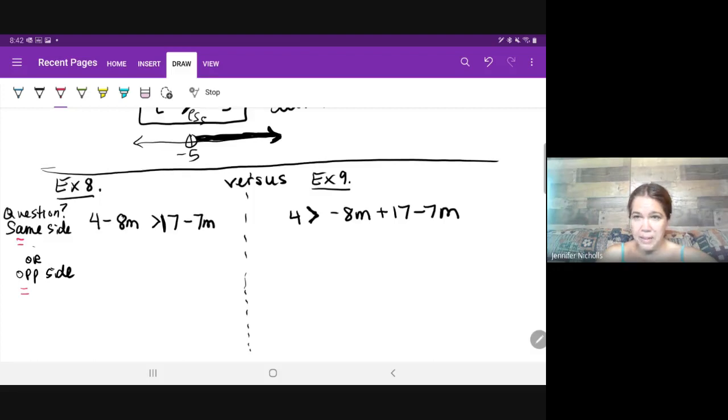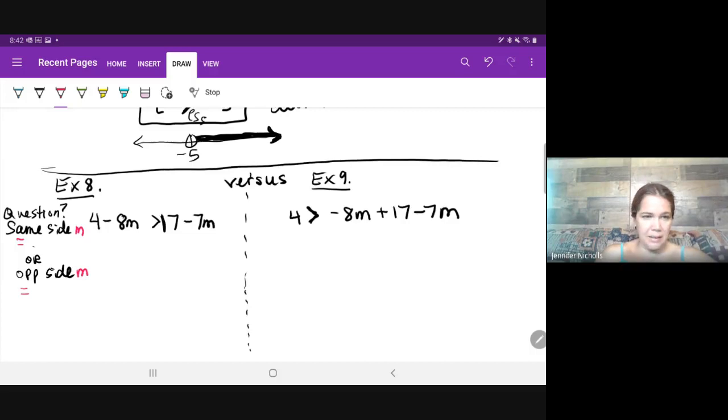How did you solve same side ones? Yes, and now that was same side x's, right? Well, in this case, it's m. So same side m or opposite side m?